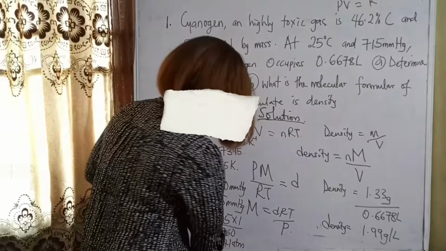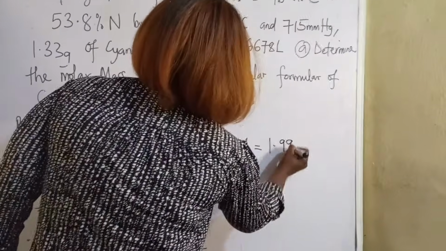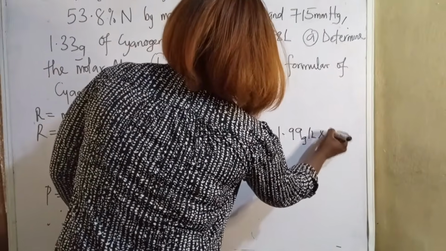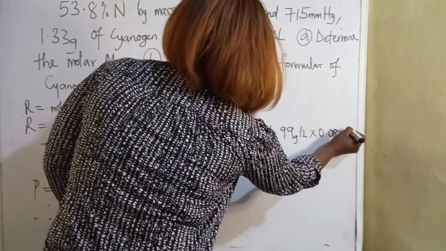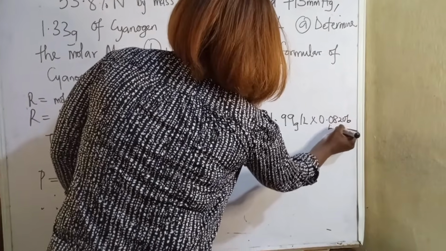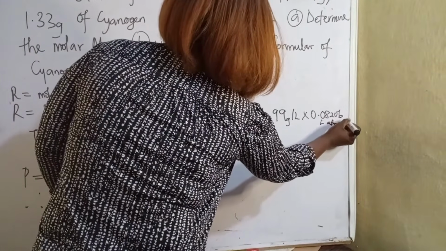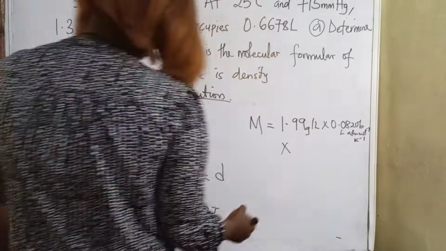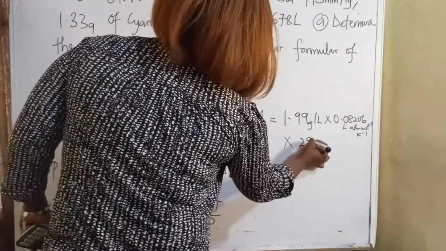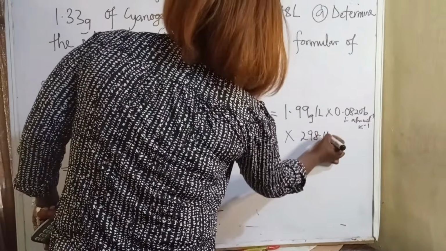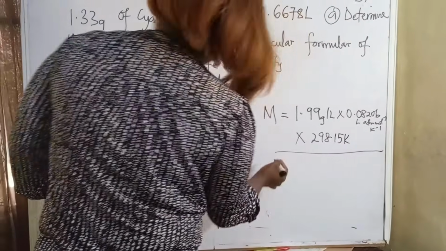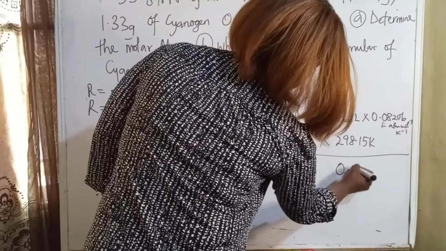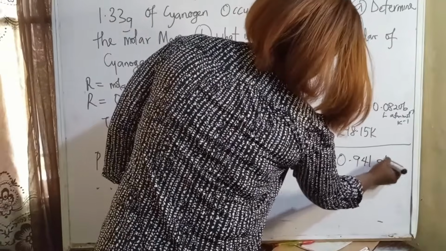So let's quickly wipe the board and simply input the value of density times your R value, liter atm per mole per Kelvin, times your temperature, which is 298.15 Kelvin, divided by your pressure, which is 0.941 atm.